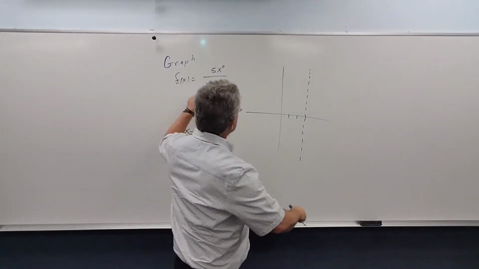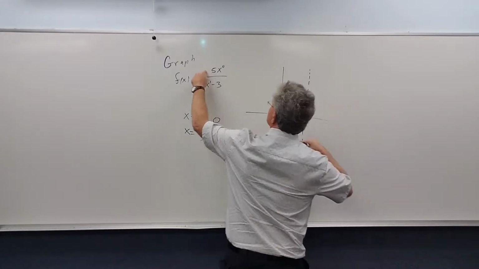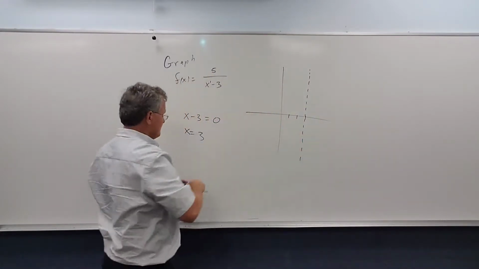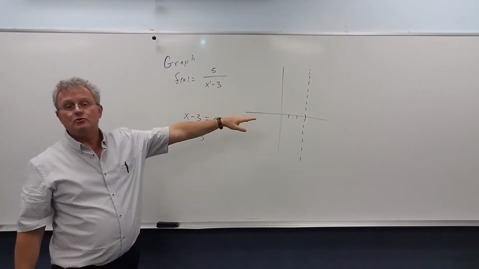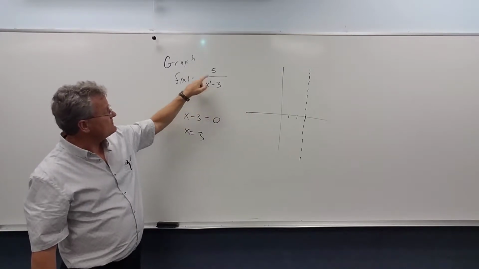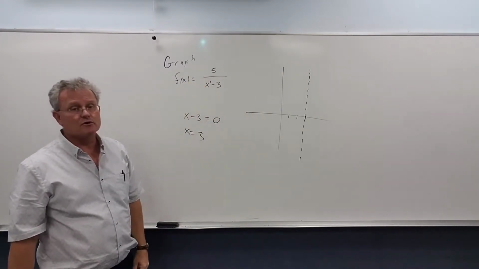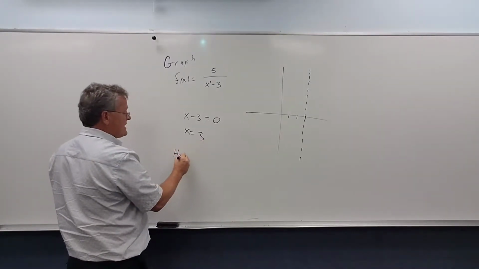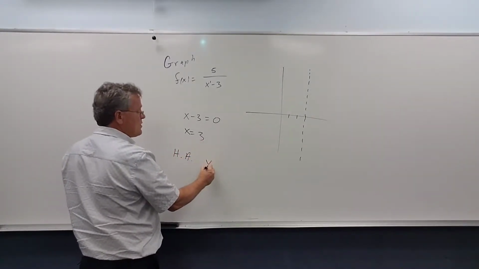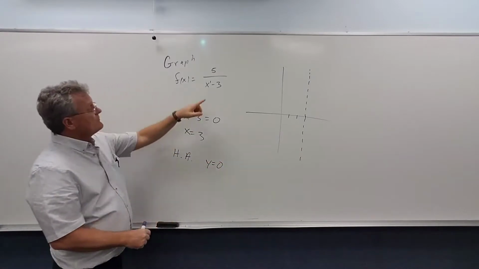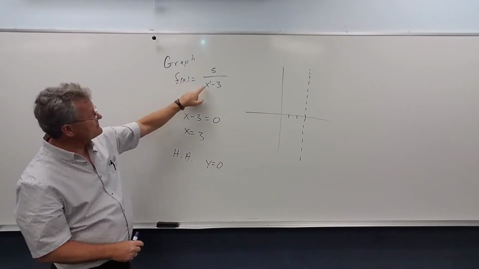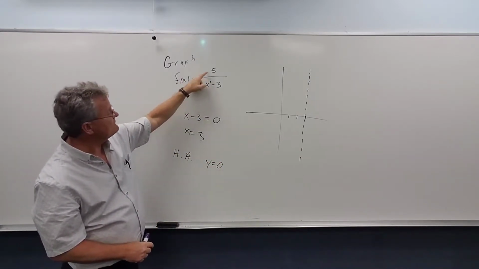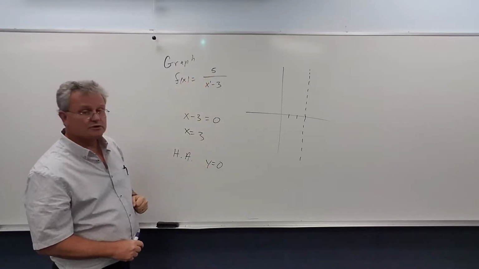So whenever the degree in the denominator is larger than the degree in the numerator, when x goes to infinity, this is going to go to 0. So therefore, our horizontal asymptote is y equals 0. Again, y equals f of x. When x goes to infinity, this is going to go to 0.